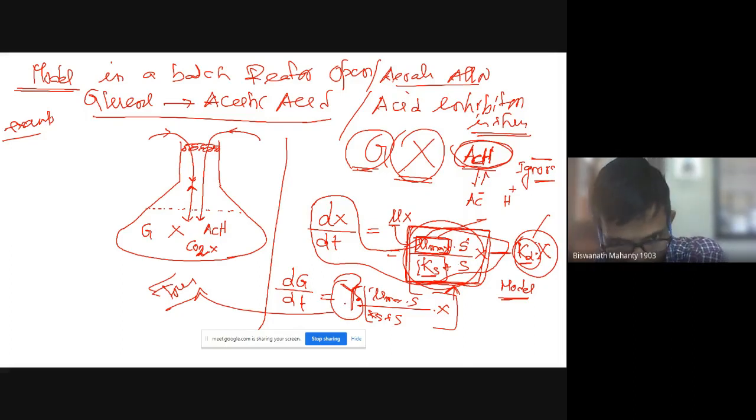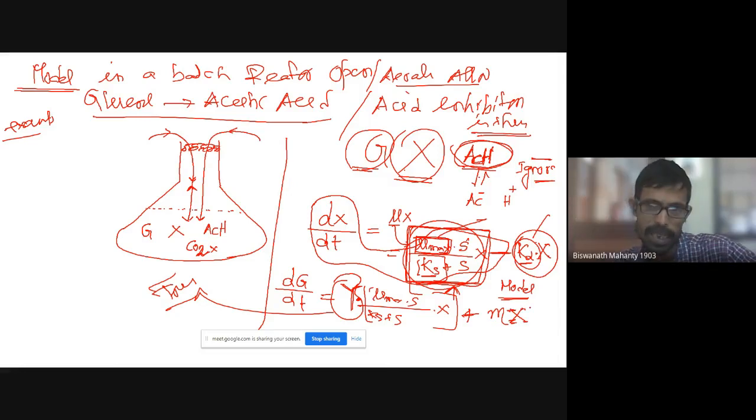So this is glucose consumption due to new cell growth, and glucose consumption will also take place due to maintenance. So for example, maintenance into biomass concentration at any moment.